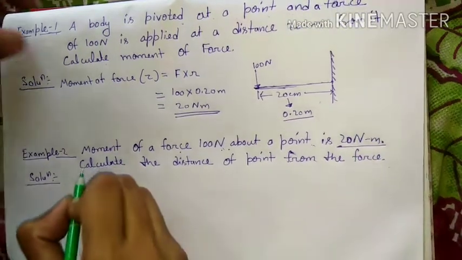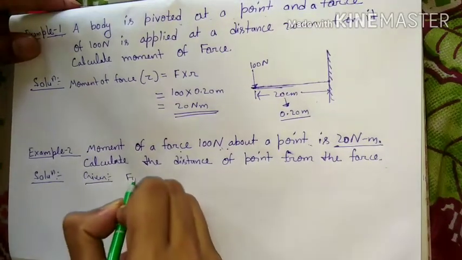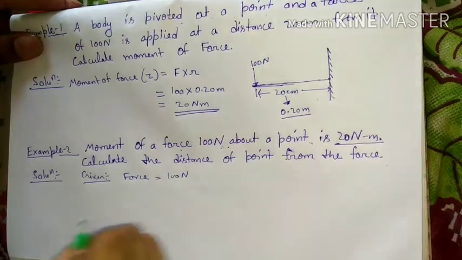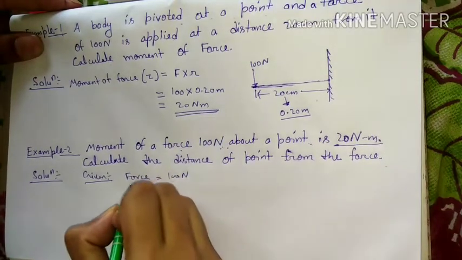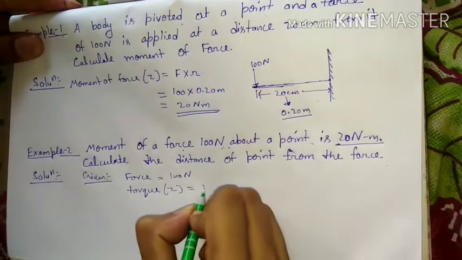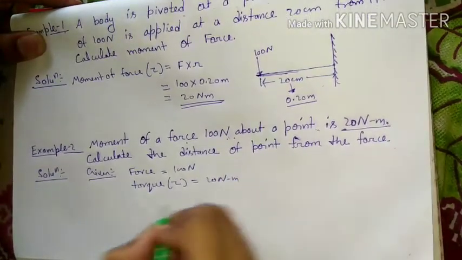We can write the given data: force is 100 Newton and torque tau is given as 20 Newton meter. We have to find the distance.